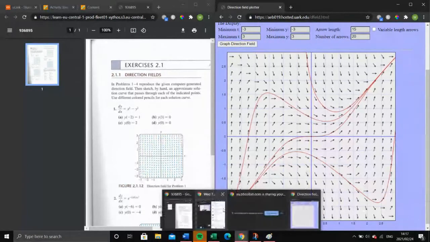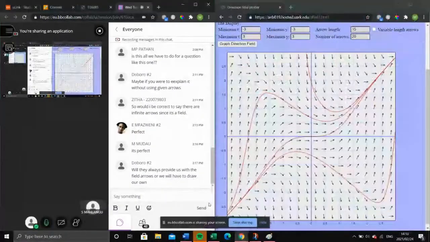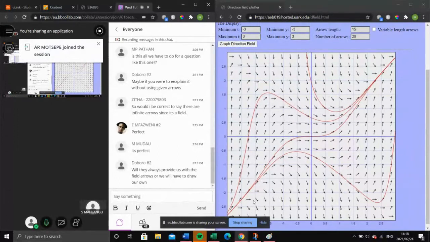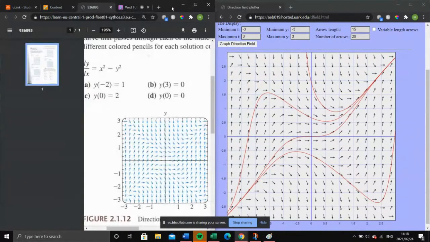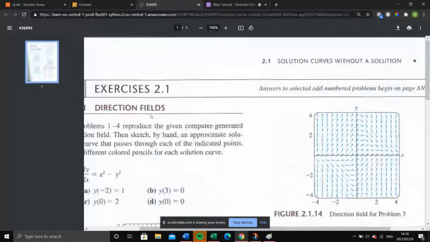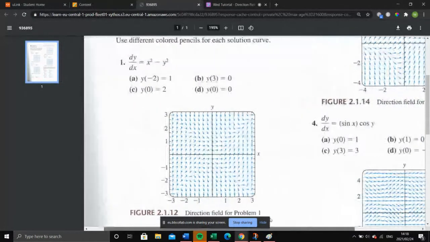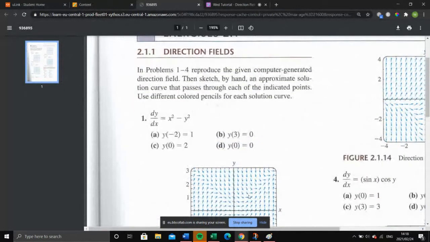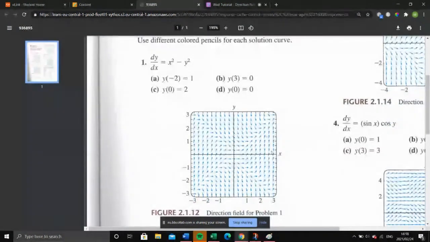Let me pull up the question. Will they always provide us with the field arrows, or will we have to draw our own? It depends on the question. If you are asked to sketch by hand an appropriate solution curve that passes through each of the indicated points, then you'll be given a field to work with.